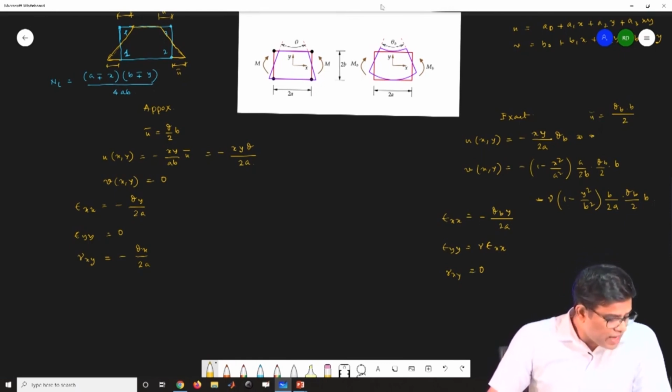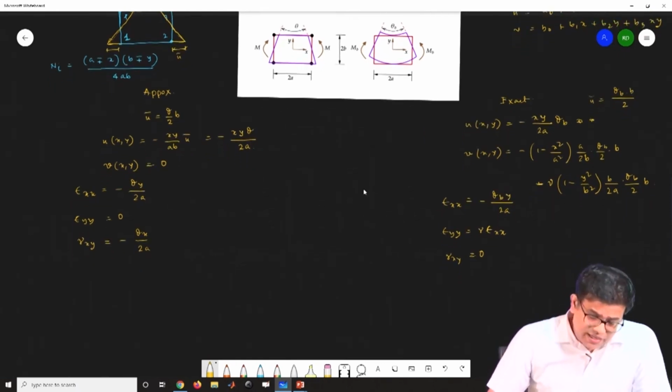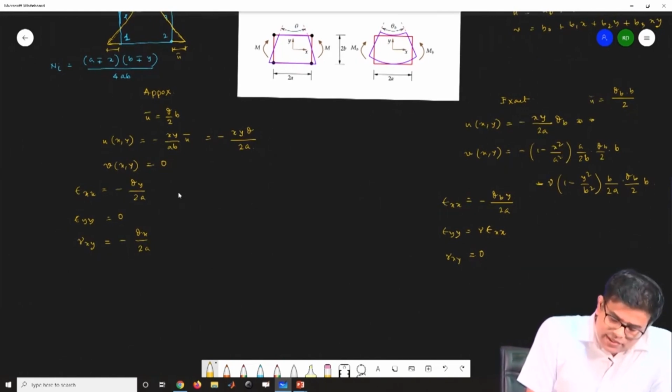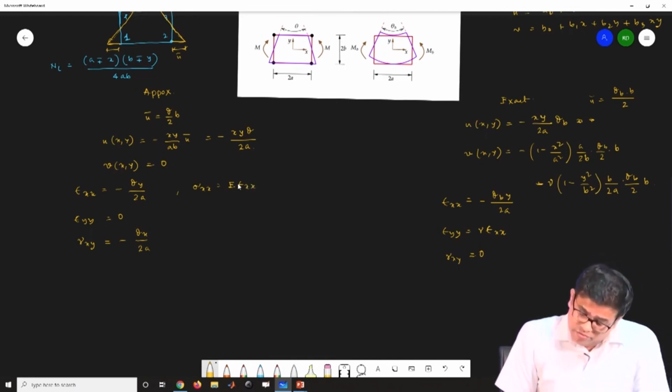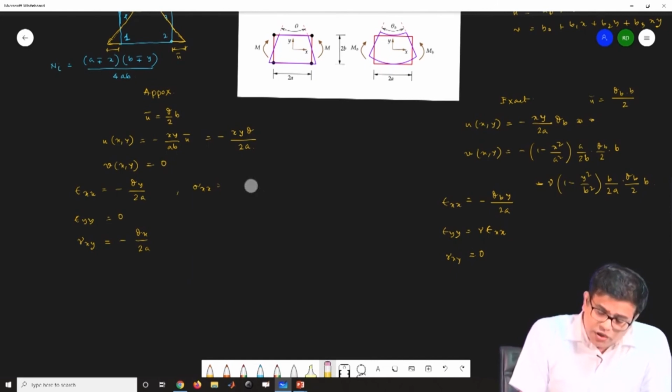Now if I write the stresses, again with the plane stress assumption, which is E into epsilon xx. Here you cannot write this, because it has to come from the plane stress assumption.